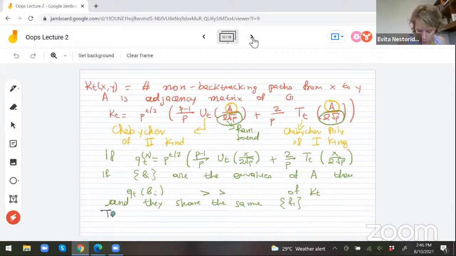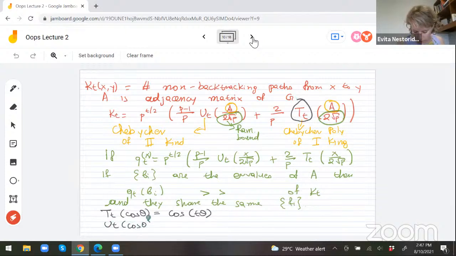T_t of cosine θ is equal to cosine tθ. That's the second term over here. And then U_t of cosine θ is equal to sine (t+1)θ over sine θ. Given the time, I'm writing these formulas and we can forget them. I don't think I'll write them again.